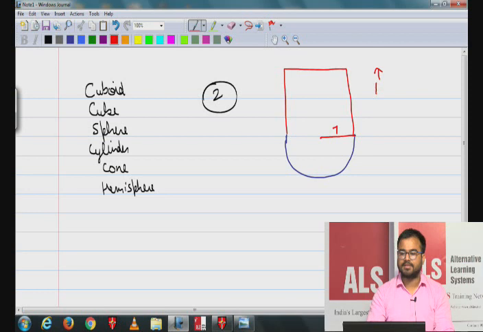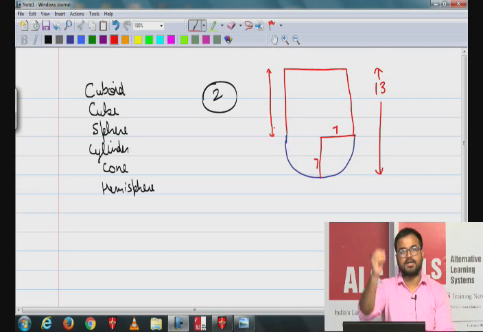This total height is 13 from here to here. Since this radius is 7, this part will also be 7. And so the rest height of the cylinder is 13 minus 7, which is 6. Right? Since we have to find the inner surface area of the vessel, and pi is 22/7, the inner surface area means the surface area of this hemisphere plus the curved surface area of the cylinder.